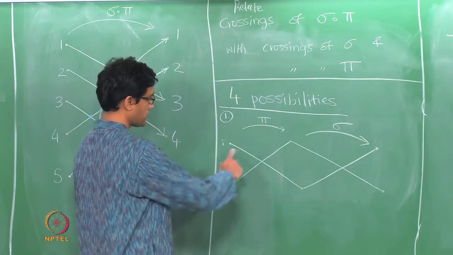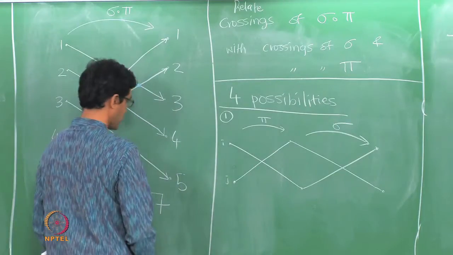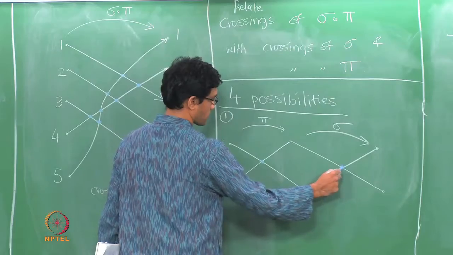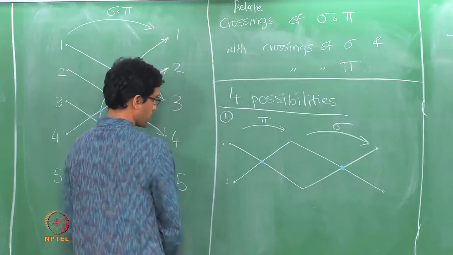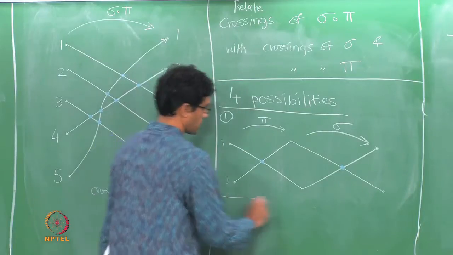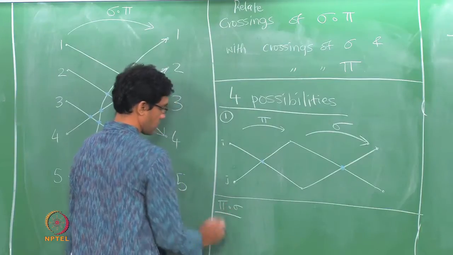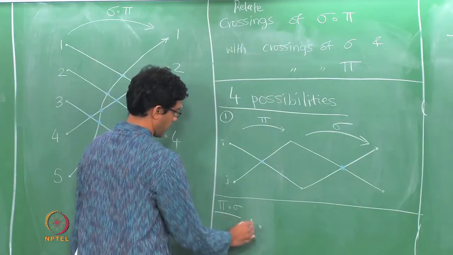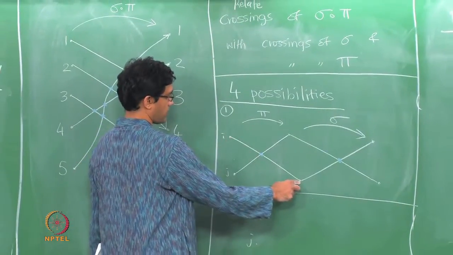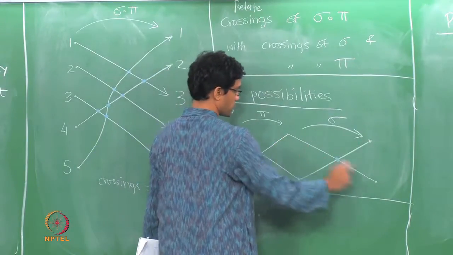Now if this happens, each of them gives me 1. So pi gives me 1 crossing, sigma gives me 1 crossing. But when I look at the composition of the 2, here is what it does. I have i, j. First pi of i is bigger than pi of j, but then sigma of pi of i is smaller than sigma of pi of j.